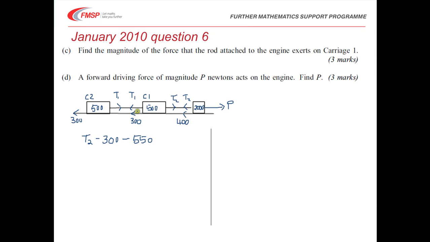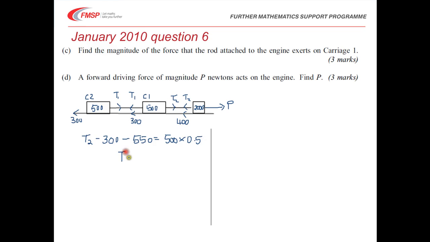So we've got the T2 pulling it forward, and we've got the 300 acting against it, and we've got this T1 acting against it, and that is going to be equal to the mass, which is 500, times the acceleration, which is 0.5.